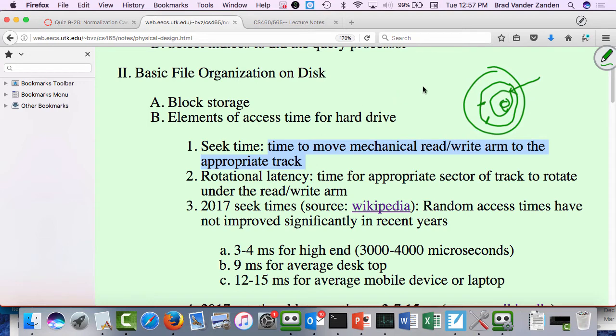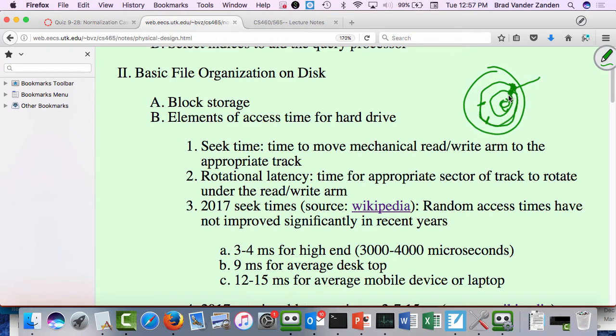But even when it's gotten to the appropriate track, it's still not necessarily yet able to read the information. Why not? Maybe it's at the wrong place in the rotational cycle. So the track may have to rotate under, so when the read-write arm arrives, this is where the track currently is.